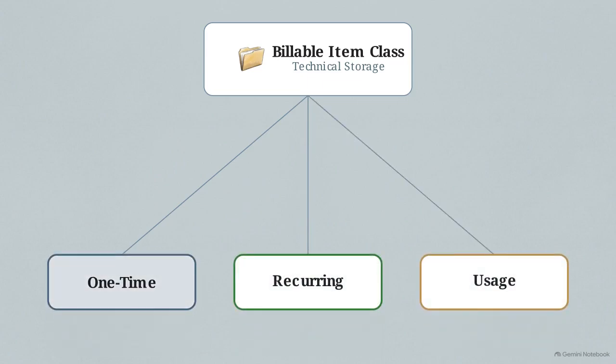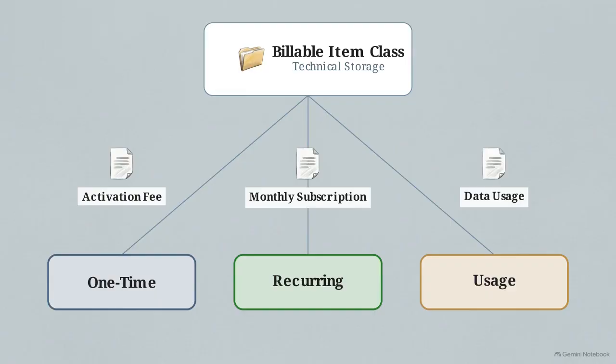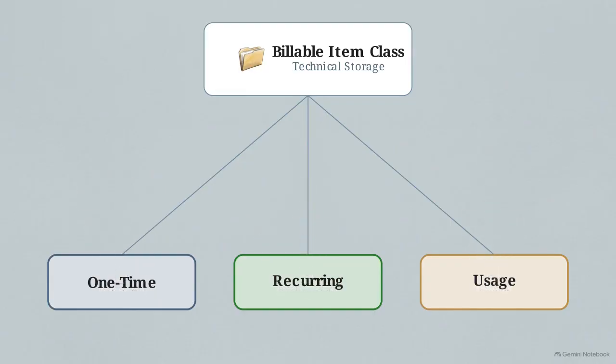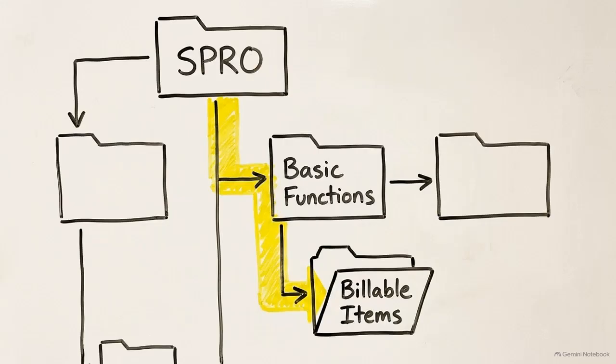This differentiates the transaction's exact nature, whether it's a one-time activation fee, a recurring charge, or variable usage. This classification controls how items are grouped together during the actual invoicing run. You define these item types in the standard SPRO menu path under Convergent Invoicing, Basic Functions, and then Billable Items.